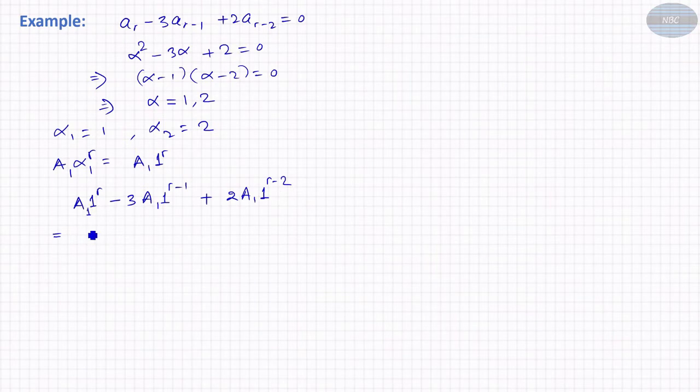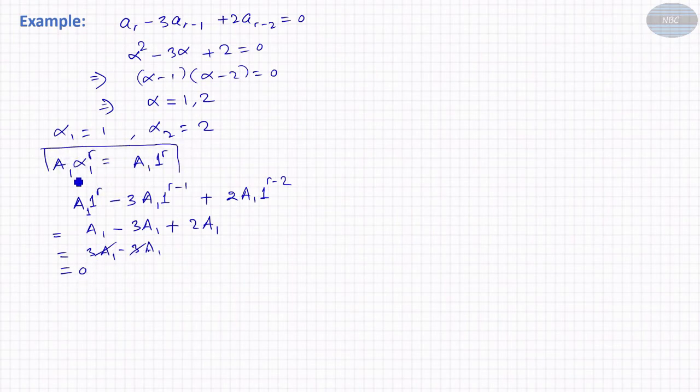Since 1 to the power anything is always 1, it will be a1 minus 3a1 plus 2a1. Here a1 plus 2a1 is 3a1, so this cancels out, equal to 0. So this particular homogeneous solution satisfies the above recurrence relation.